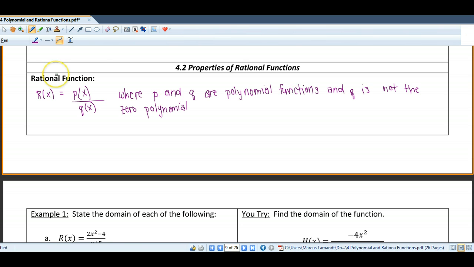I should probably also put here that the domain is all real numbers except where the denominator equals 0.